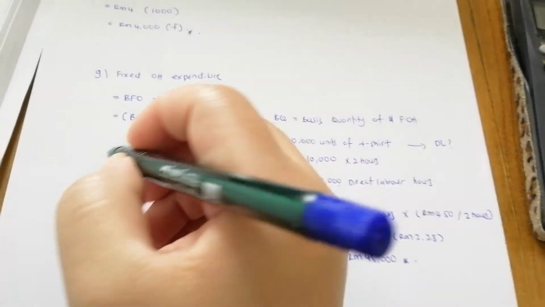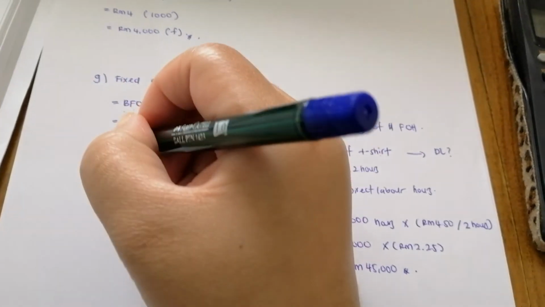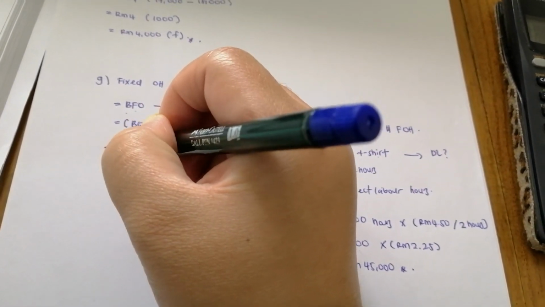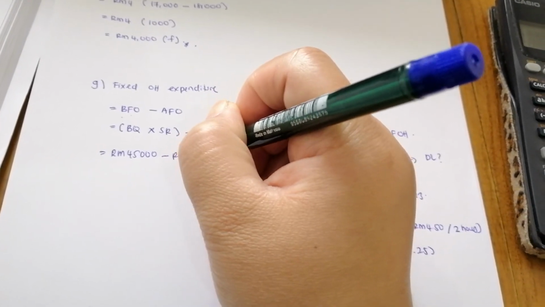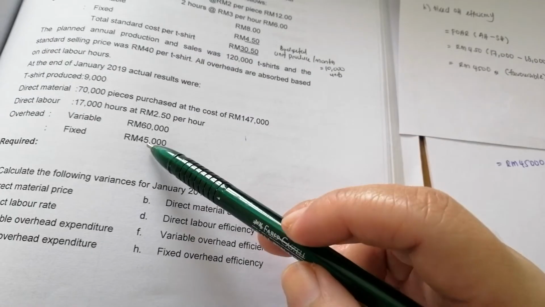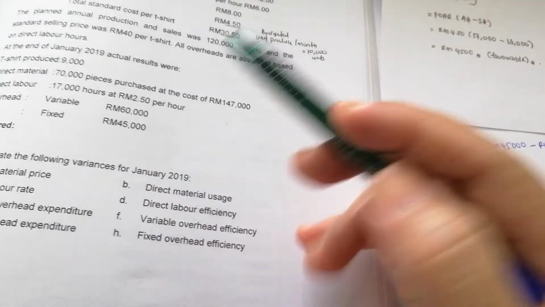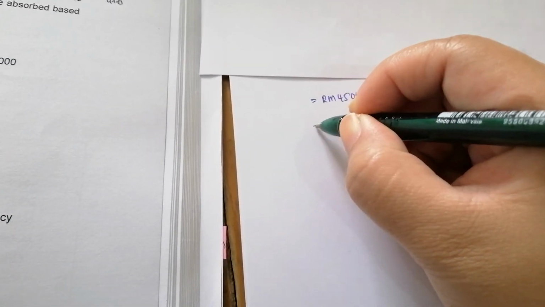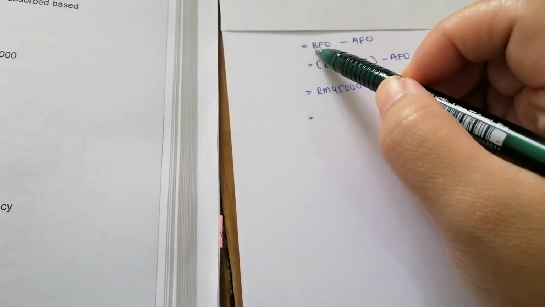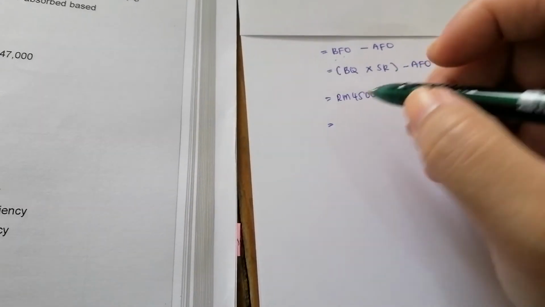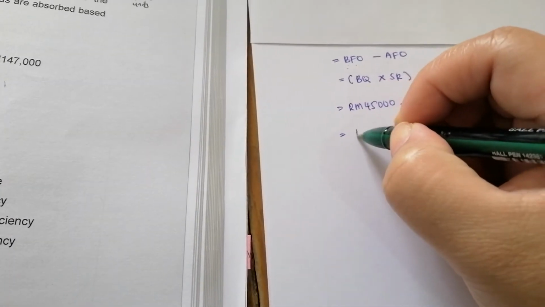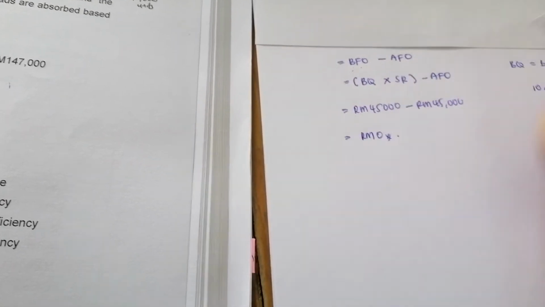So here you put the amount that you get, 45, and then the actual is RM 45. If you look at the equation, the actual fixed overhead is 45. So the budgeted fixed overheads and the actual fixed overhead are equal, the amount is the same, so the answer is 0.